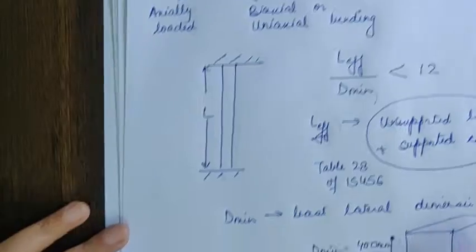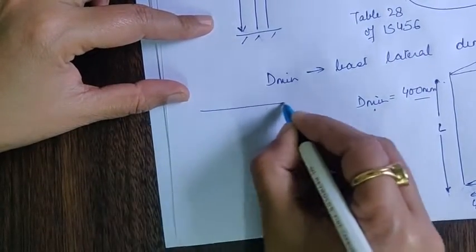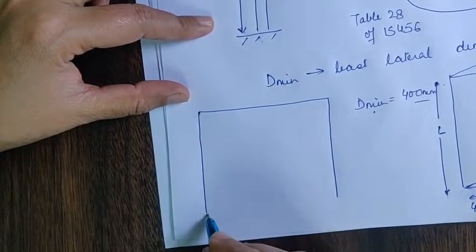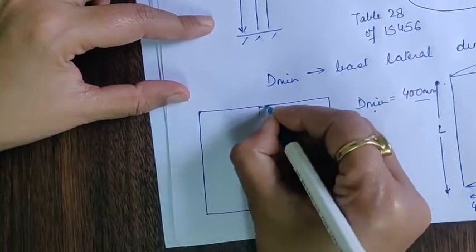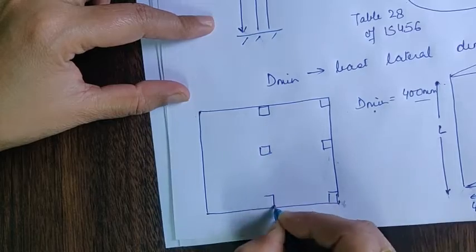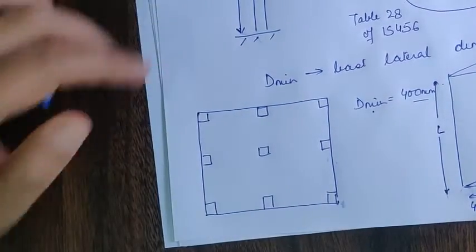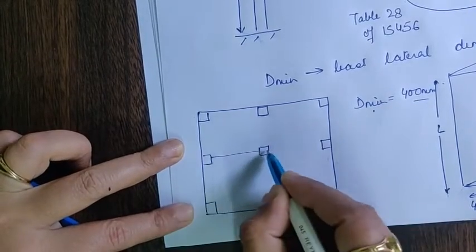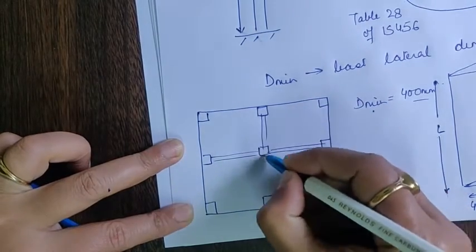Okay. For that, just understand this, that let us say I am drawing the plan of a building. In this building, I have provided the columns at this location. So these are the locations where the column is provided, and the load of this slab is transferred to these columns with the help of the beams.